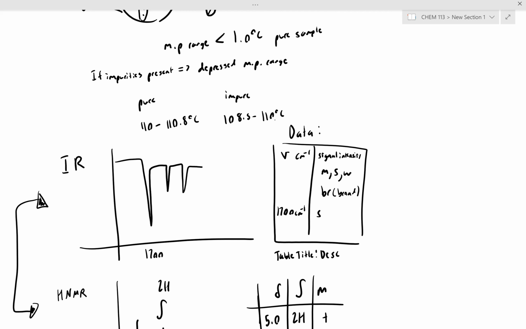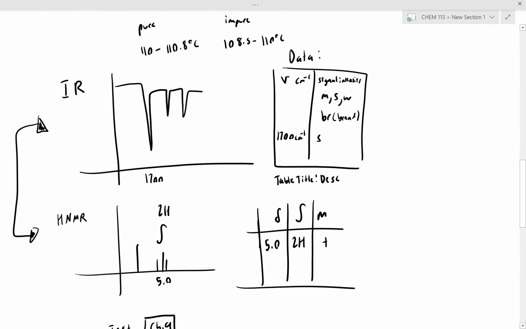Perfect. So we're also going to take IR and NMR spectra. These are useful for identifying and determining the chemical identity of your product. You're going to compare the IR and NMR spectra to the reactant E-stilbene and the product meso-stilbene dibromide.